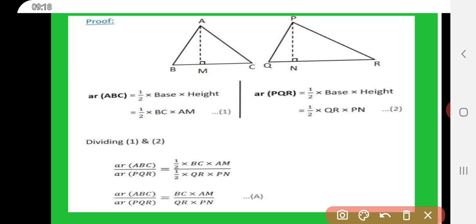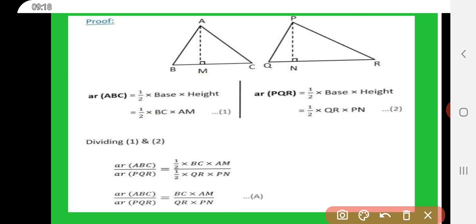Now you cut the half. Then area of ABC by area of PQR is equal to BC into AM divided by QR into PN.